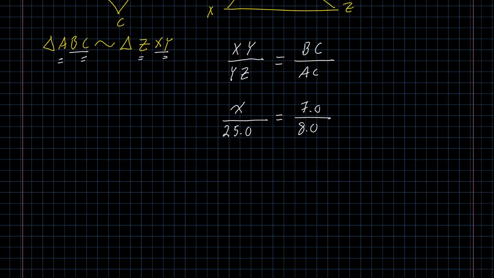But from here, it's just a matter of solving the proportion. Using the cross product test, I get 8.0 times x is equal to 7.0 times 25.0. 7.0 times 25.0 is 175, but I only have two significant digits, so I'll round that and call it 180.